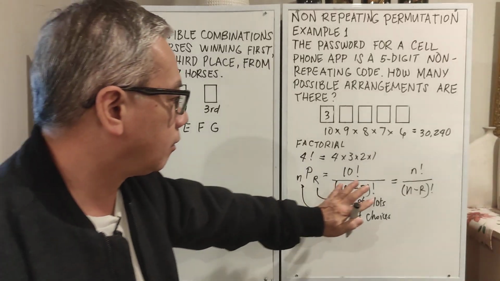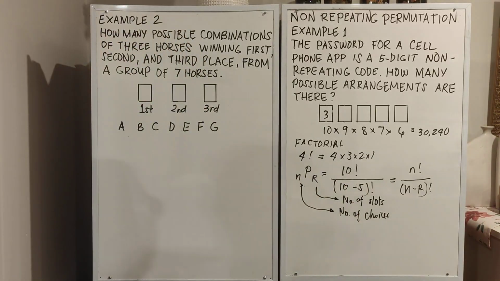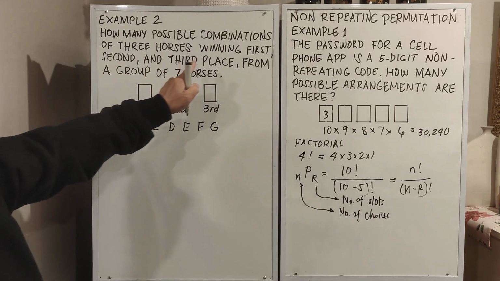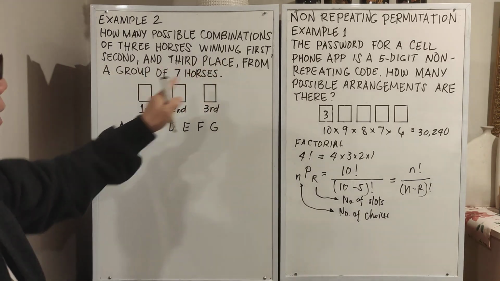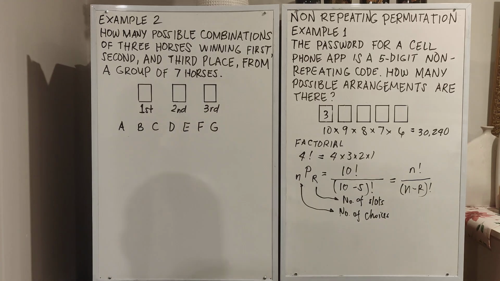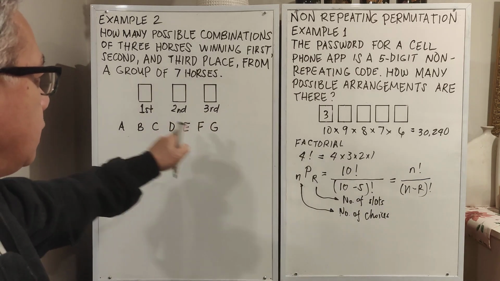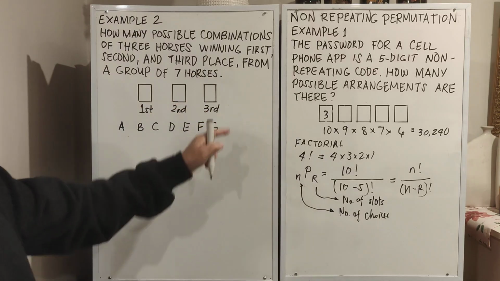Now we can use this formula for the second example. How many possible combinations of 3 horses winning first, second, and third place from a group of 7 horses? So we have 7 horses, A, B, C, D, E, F, and G. So we have first, second, and third.